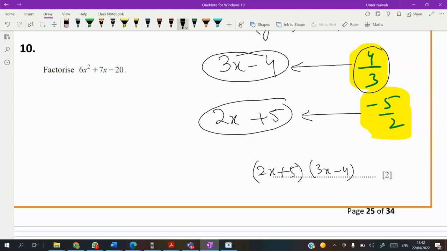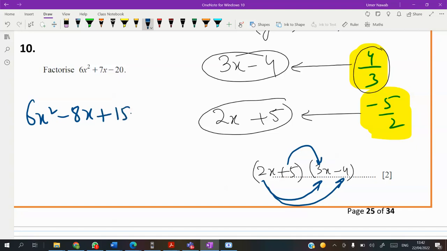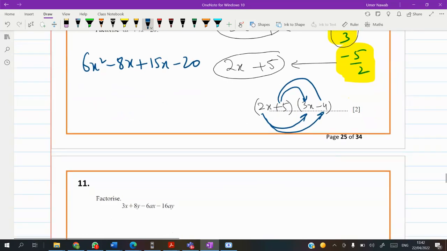Just to make sure, you can do one more step for the examiner. 2 multiplied with 3x is 6x squared, and then 2x multiplied with minus 4 is minus 8x. 5 multiplied with 3x is 15x, and 5 multiplied with negative 4 is minus 20. So alhamdulillah, then everything will be perfect.